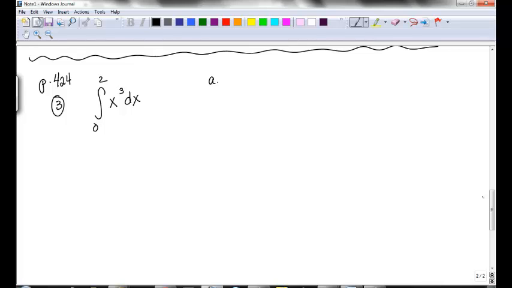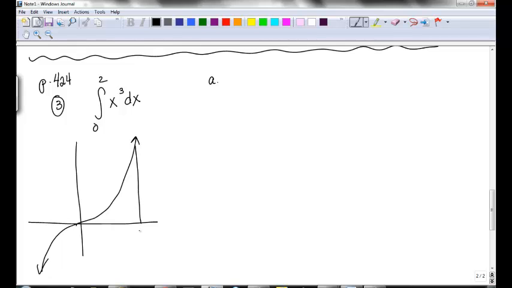So we are actually looking at this area right here. I want you to draw a sketch of that. The whole graph of the cubic looks something like this, but we're going to go from 0 to 2.